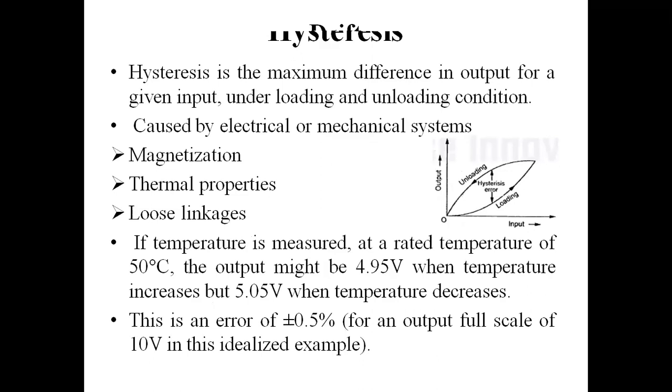If the temperature is measured at a rated temperature of 50 degrees Celsius, the output might be 4.95 volts when temperature increases, but 5.05 volts when temperature decreases. So this is an error of plus or minus 0.5% for an output full scale of 10 volts. This is an ideal example of hysteresis.